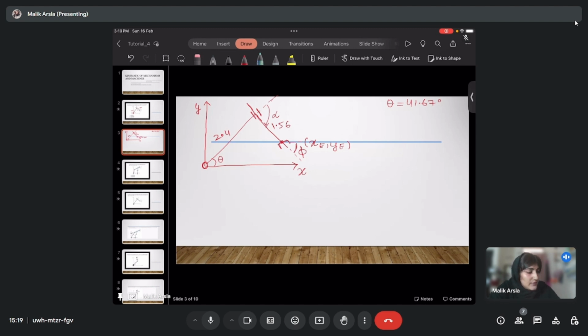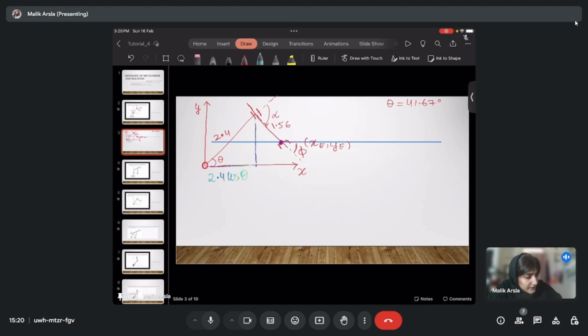So what we will do here is find the x coordinate and y coordinate of this point. Already this is something which I know, right? This length here is 2.4 cos theta.